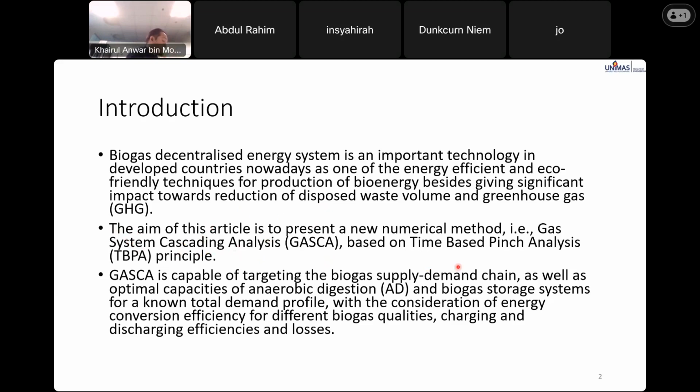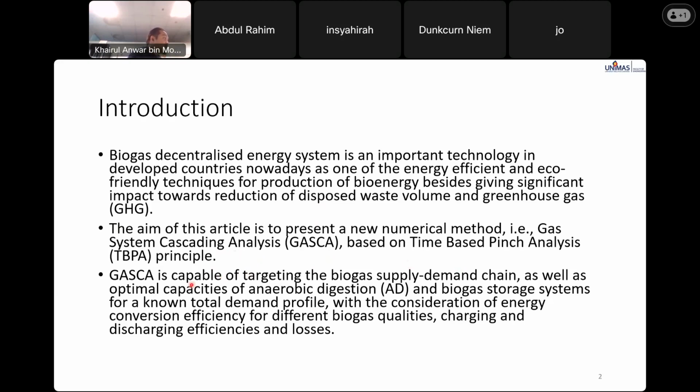So far you have learned about the composite curve, and for gas here, it's about cascade analysis. You still remember we have three methods: LCC, limiting composite curve, cascade analysis, and source sink diagram.